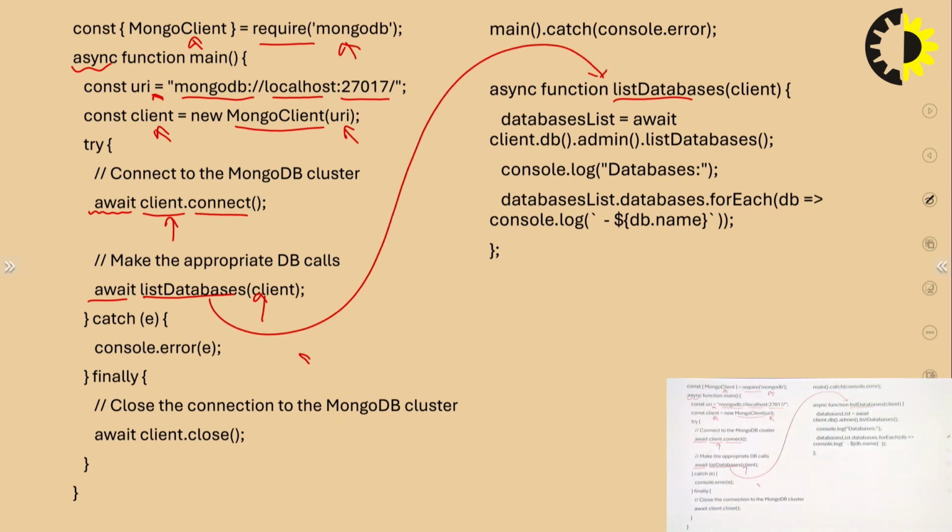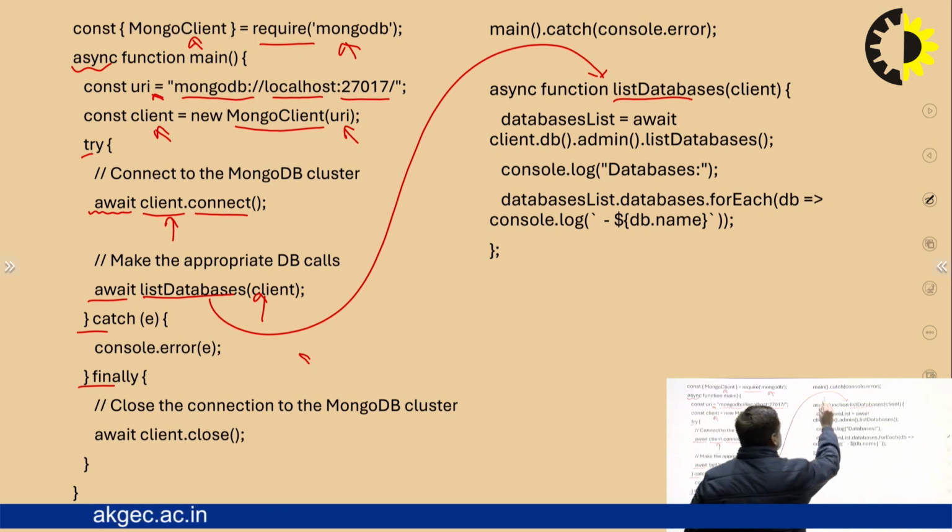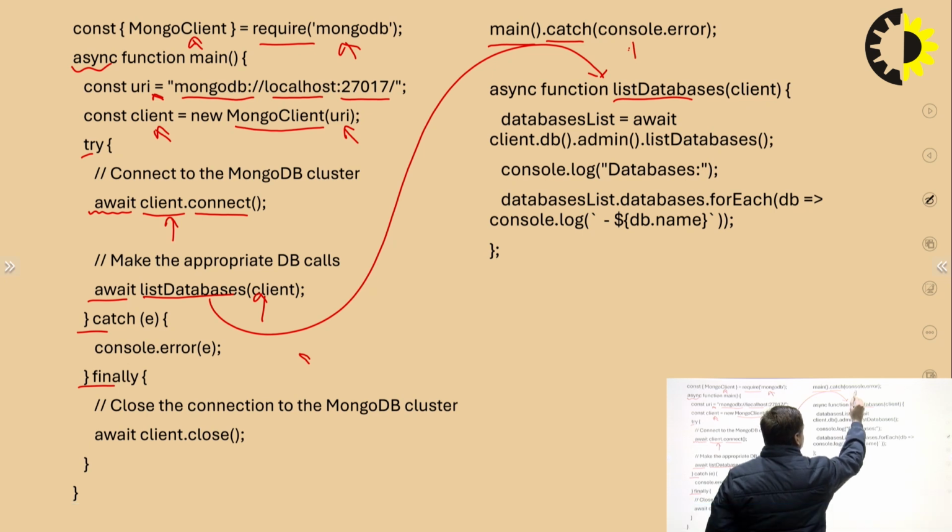Okay. So first complete this program. It is under try, catch, and finally. So if there is no error in this statement, then this main function is executed. The main function is written and we call this main function. So when we call this main function, we call main, catch and console error.